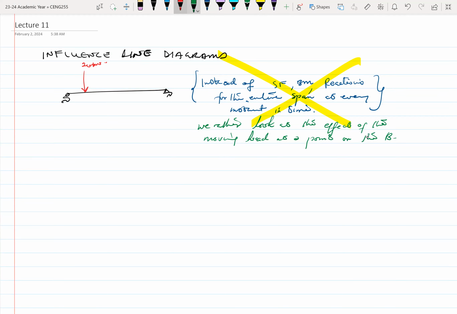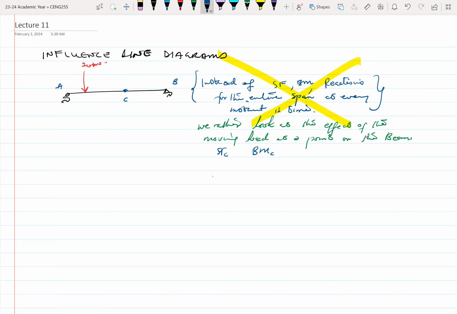on the beam. Okay, so coming back to the structure, we pick a point on the structure. Let's call that point C. And as the load moves from A to B, what would be its effect on point C? Assuming we want to find shear force, we find shear force at C. We find bending moment at C. So the load moves from A to B. When the load is at A, what is the bending moment at C?